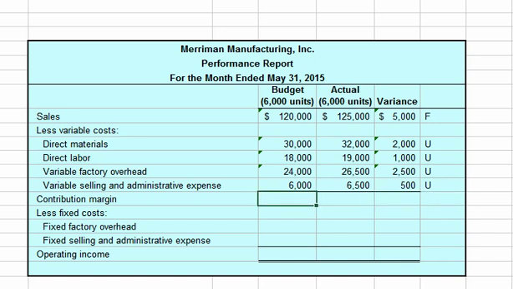Now, contribution margin is going to be equal to sales minus variable cost. So it's going to be sales minus all of our variable costs. And now I'm just going to drag that over to carry the formula over.